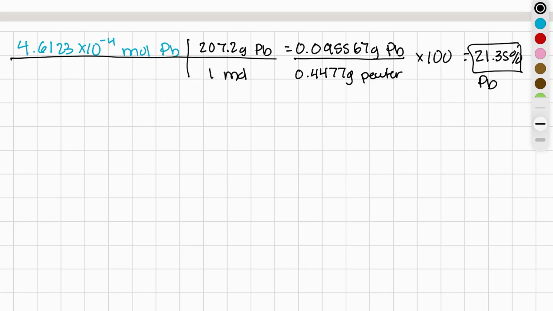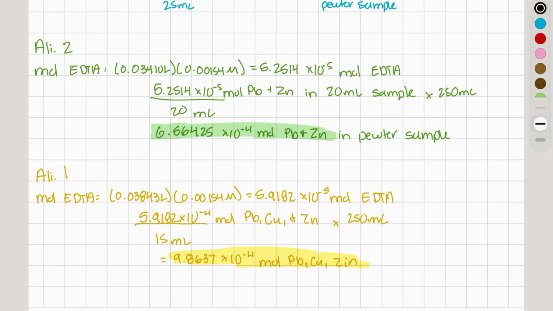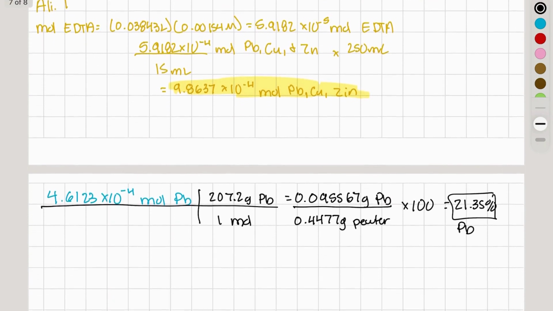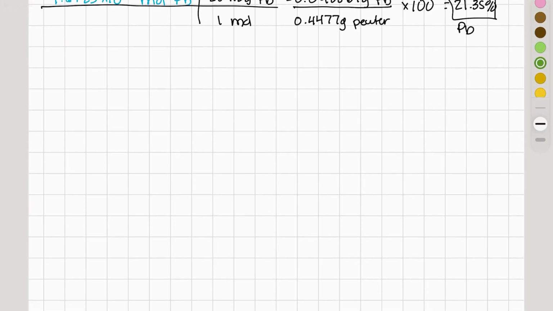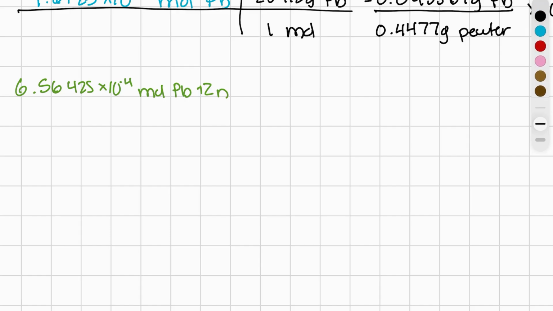So what I'm going to take into account is, let me see how I want to word this. Let's start with what we have from aliquot 2 and aliquot 3 to see if we can find the amount of zinc we have. So, if I have 6.56425 times 10 to the negative 4, and this is moles of Pb plus zinc, if I take this and I subtract what we already know.